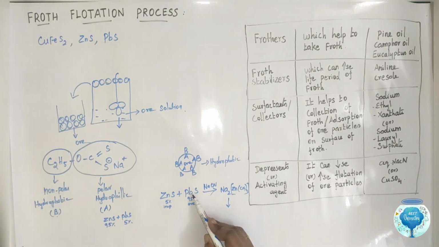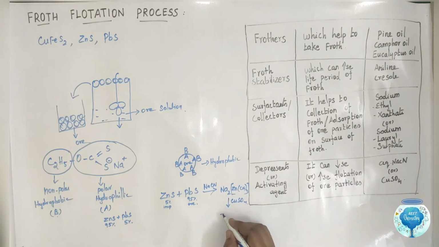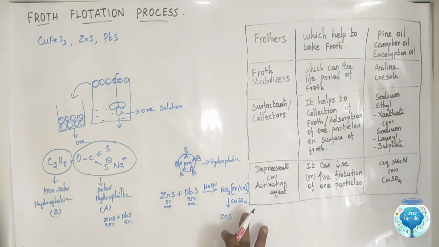Now the zinc sulfide is converted to an insoluble complex, and the lead sulfide is free on the surface. Then on addition of copper sulfate, the zinc sulfide is freed from this compound.